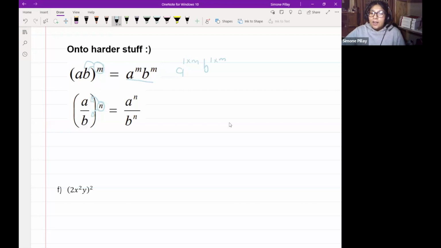I would have said a to the power of 1 times n over b to the power of 1 times n. Why 1 times n? Because a has that invisible exponent of 1, and so does b. And that's how we get a to the power of n over b to the power of n.